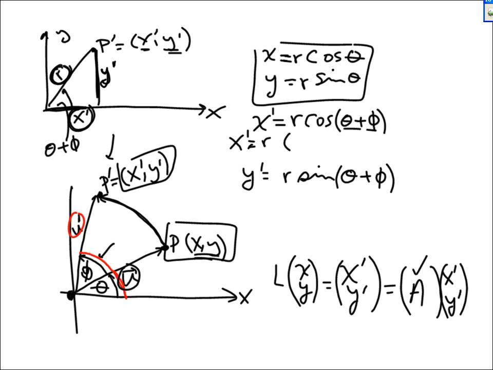This is cosine theta times the cosine of phi minus the sine of theta times the sine of phi. But that r in front, I'm just going to distribute. I get r cosine theta cosine phi minus r sine theta sine phi.